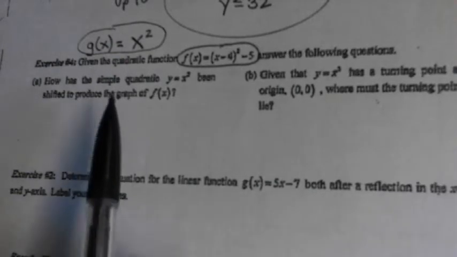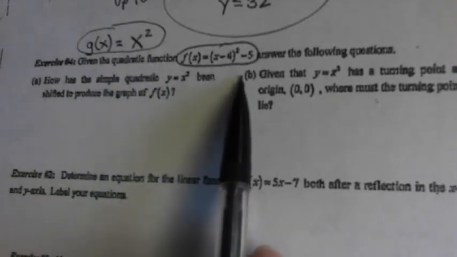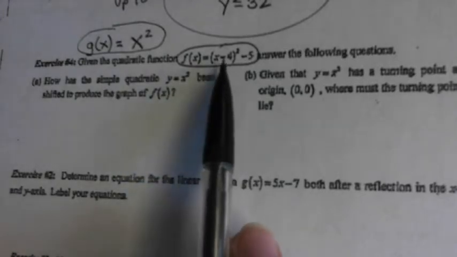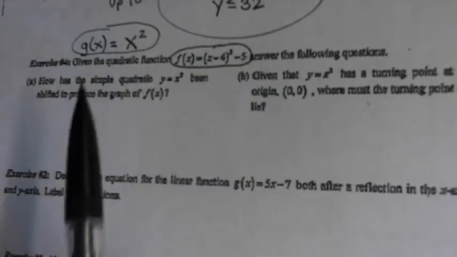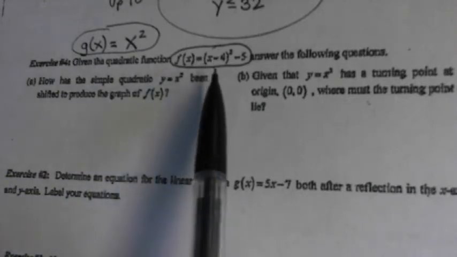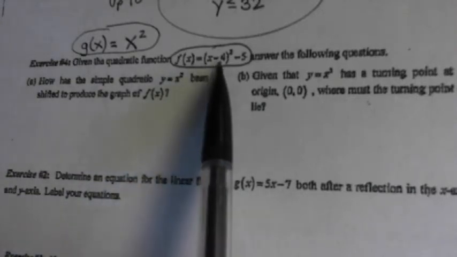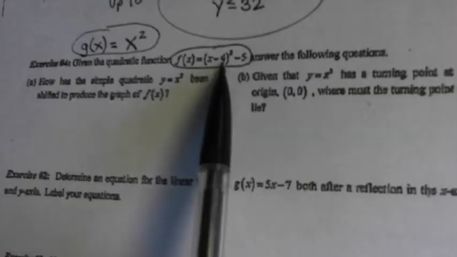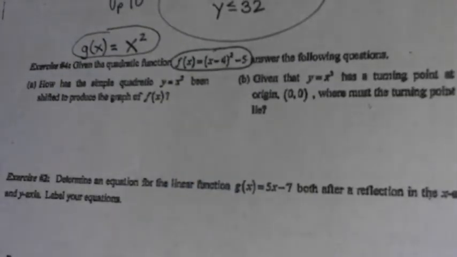Part A says, how has this one been shifted? Obviously everyone sees the -4 and the -5. So there are two transformations. Can we all jump on the bandwagon and realize that this -4 is happening, quote unquote, inside the function? Does that make sense?